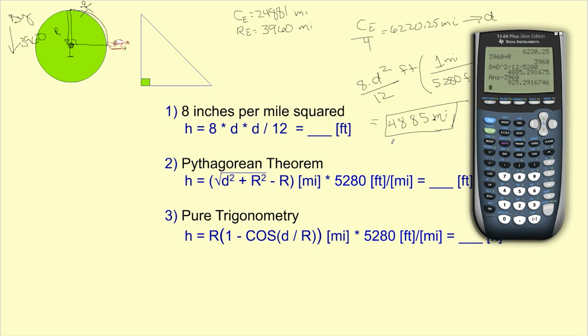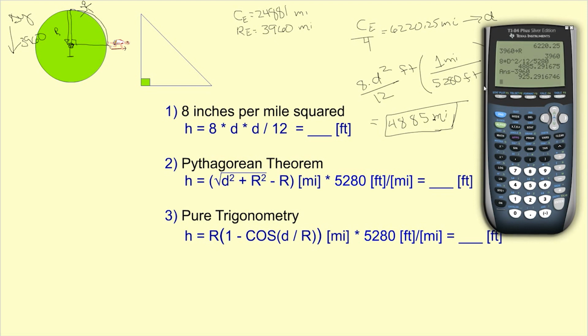Little numbers, okay. We've seen that they all look the same using little numbers, right? 10 miles. Let's try the old Pythagorean Theorem. I've seen a lot of people say that 8 inches per mile squared comes from the Pythagorean Theorem. We're going to check that out.